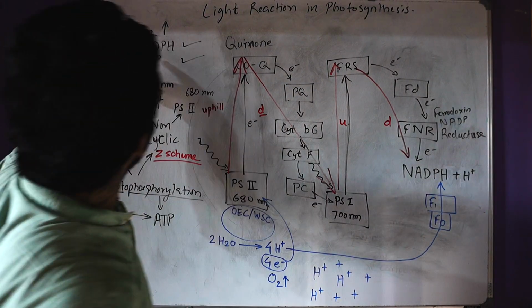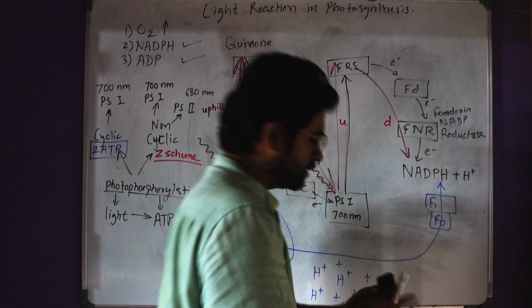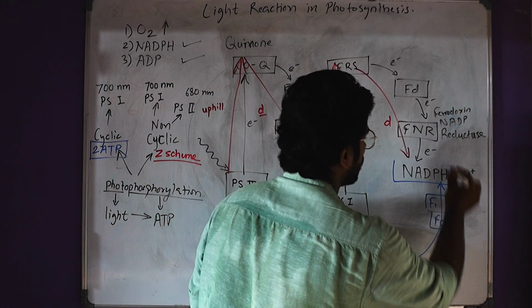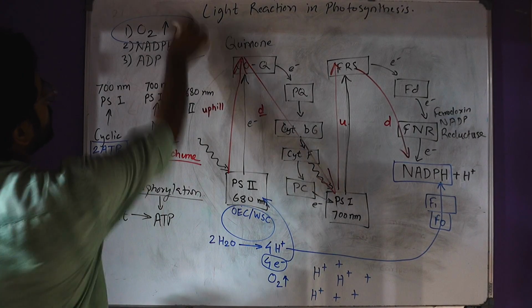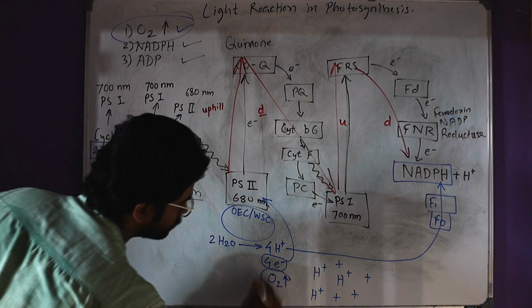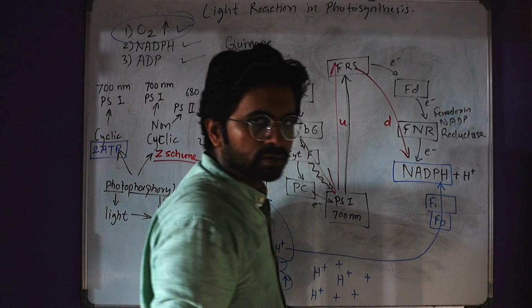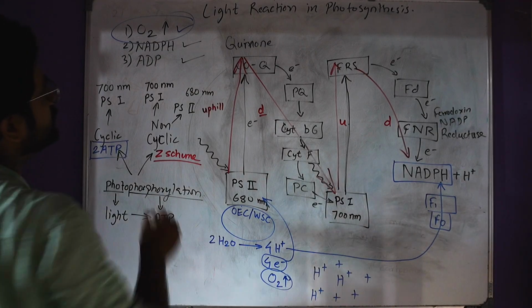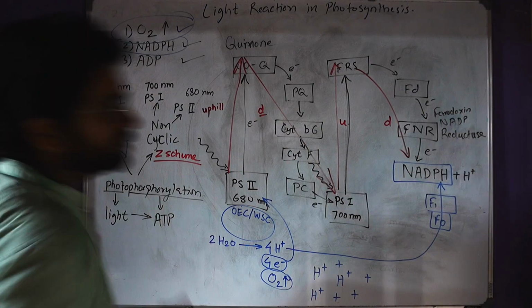So here you can see NADPH is finally there. Oxygen has evolved. Yes, it has evolved. NADPH has formed. Yes, it has formed. What about the ATP? ATP remains behind.